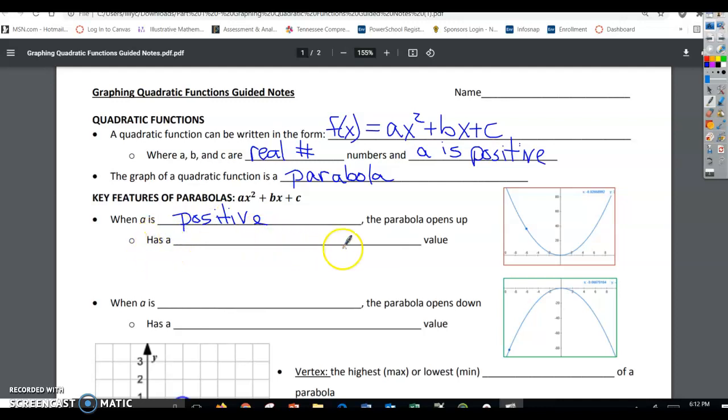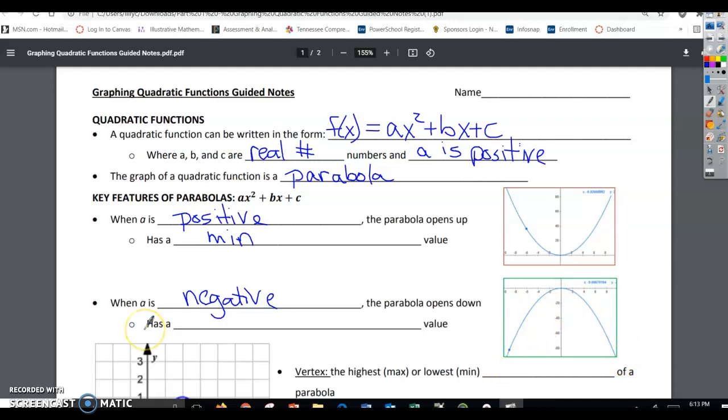And it has a minimum value when the graph opens up. When a is negative, the parabola opens down. You can see it opens down here.